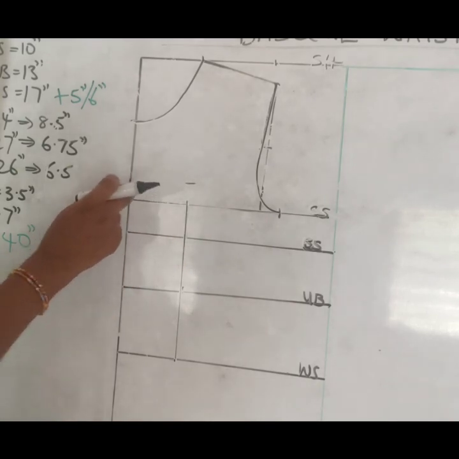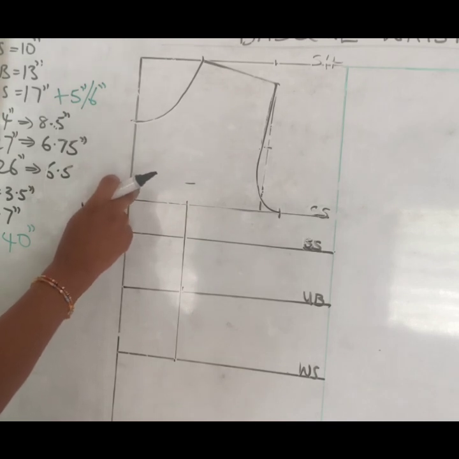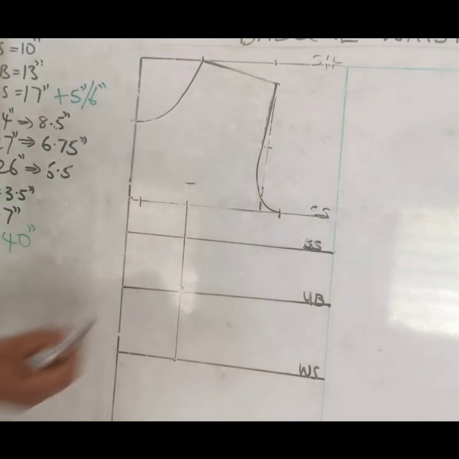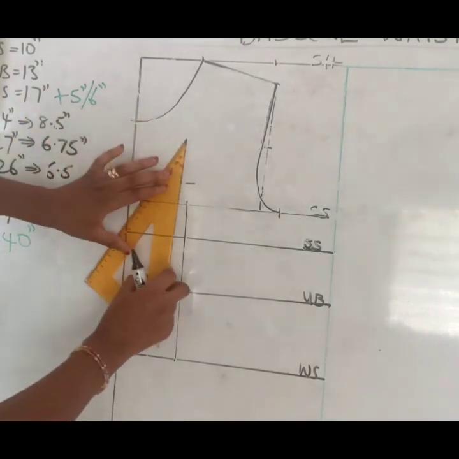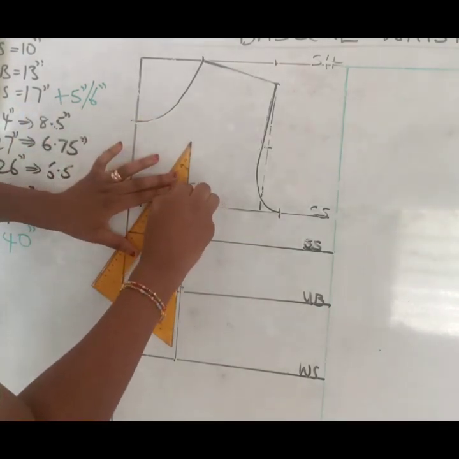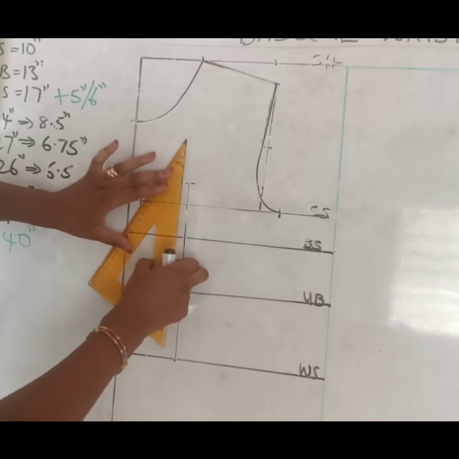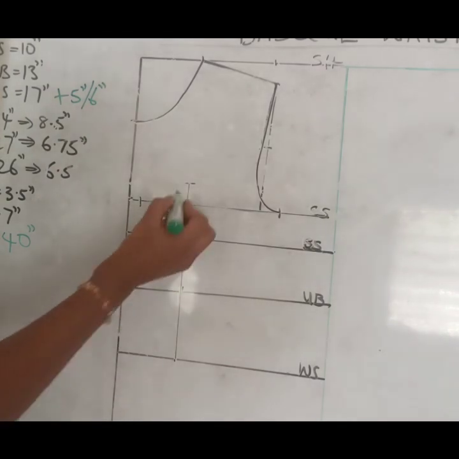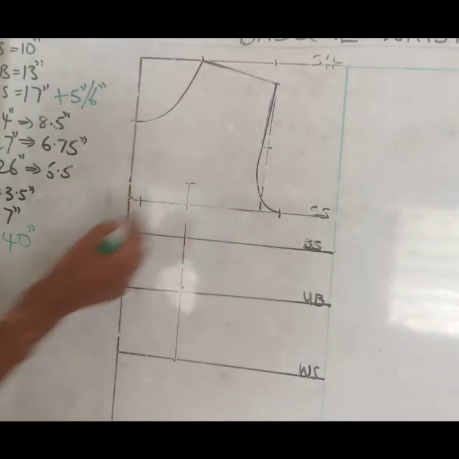To have the sweetheart neckline, we'll come down on this front neckline. So we can use this one, to have our sweetheart neckline. That is if you want a sweetheart neckline. Just extend this line up, and then use the French curve to connect from here to here.